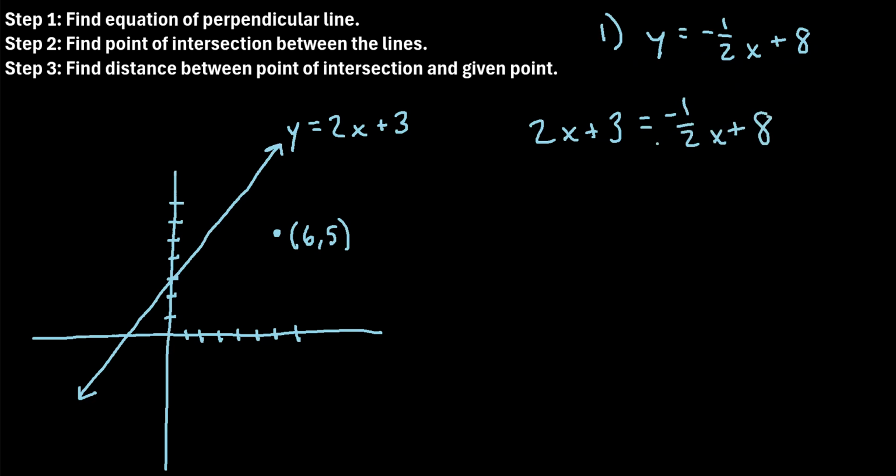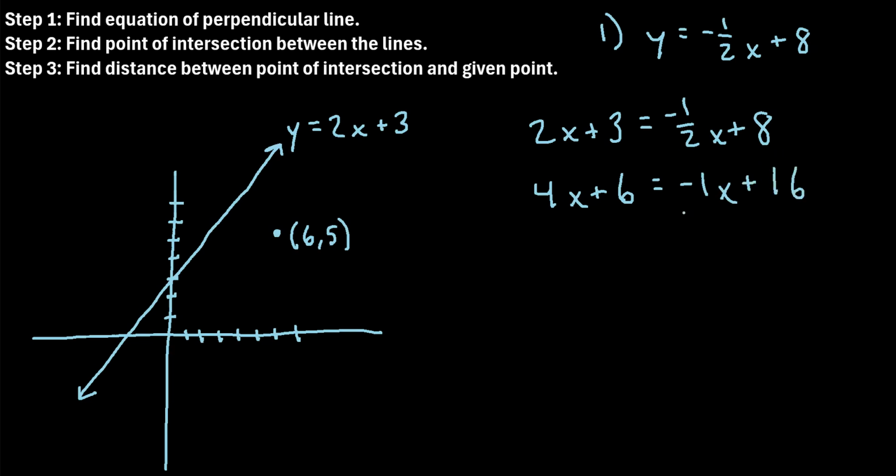Now to solve for x, we can start by multiplying every term by 2 to get rid of the 2 in the denominator, so we don't have to work with fractions. So we get 2x times 2, that's 4x, plus 3 times 2 is 6, is equal to negative 1x, and then 8 times 2 is 16.